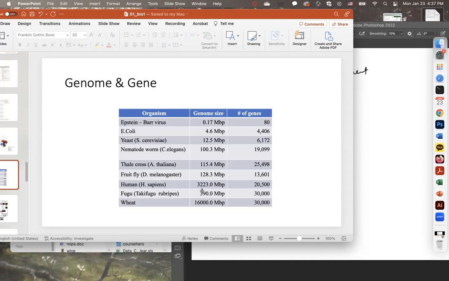So the genome size jumps to 3 billion for human, and since they have 20,000 or so genes, people initially thought that the human should have at least 100,000 genes contained in that sequence, because you have an order of magnitude increase in genomic sequence, and you should have about the same ratio for the number of genes. But it turns out that humans have only 20,000, I think now it's about 22,000 or so genes in the sequence.